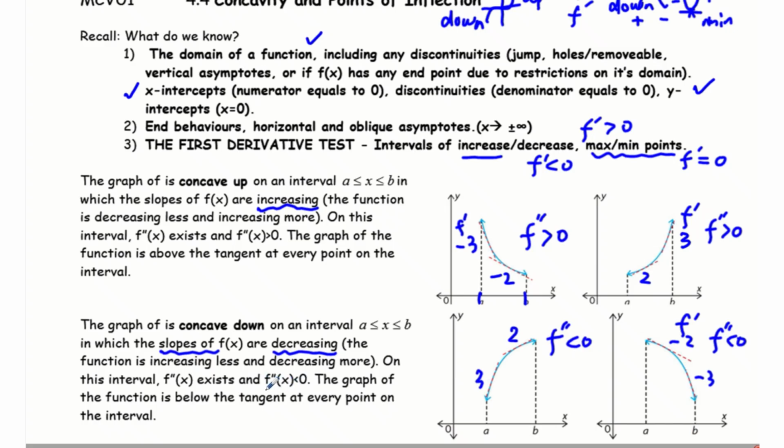Then if f double prime is positive, it's open up. If f double prime is less than 0, it's a U shape down, so it's open down. This is what we are going to learn in this lesson. Okay, so now we are going to see the examples.